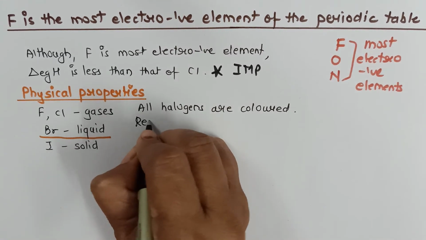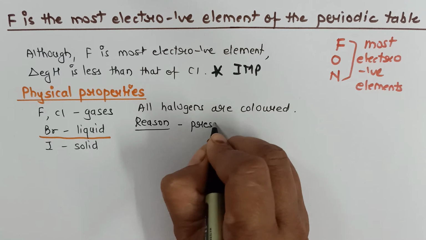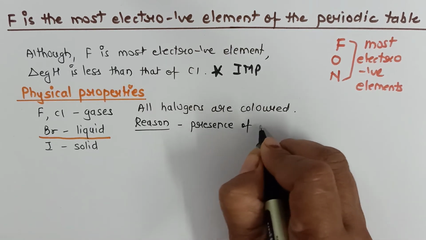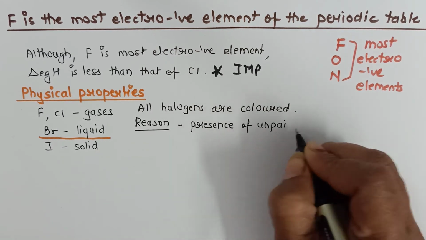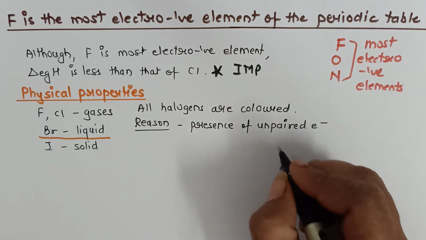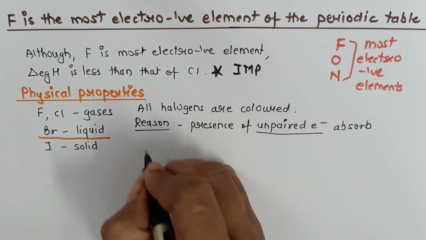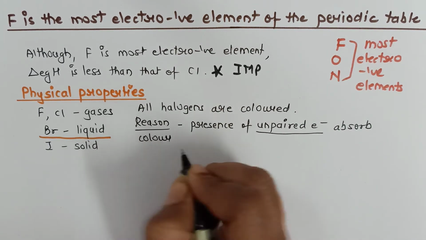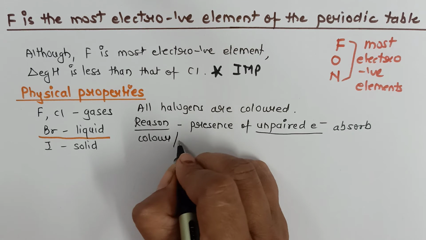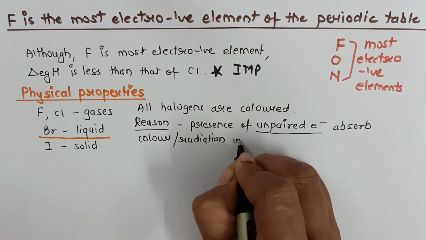The reason behind this is the presence of an unpaired electron. In the np5 configuration, an unpaired electron is present. This unpaired electron will absorb radiation in the visible range.